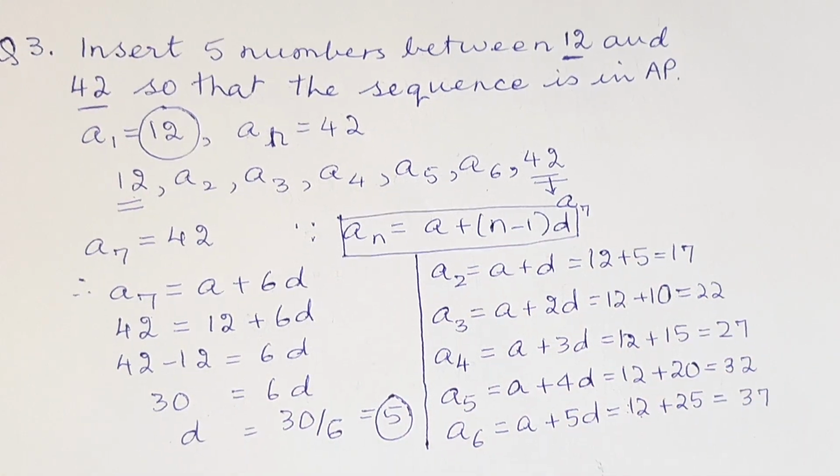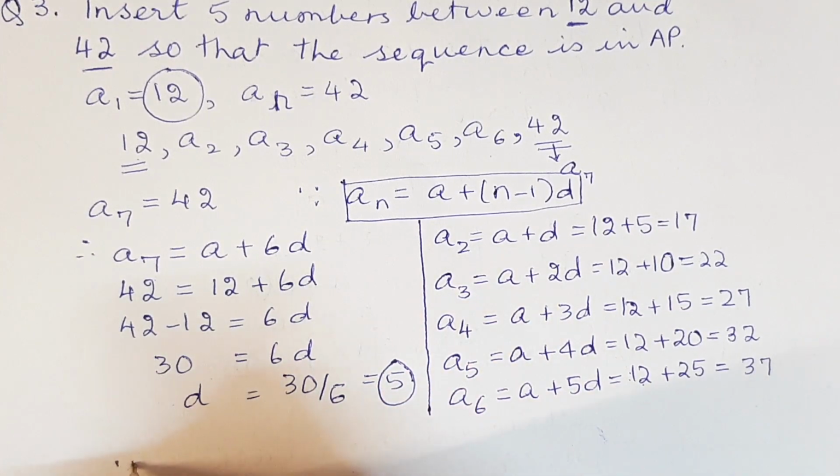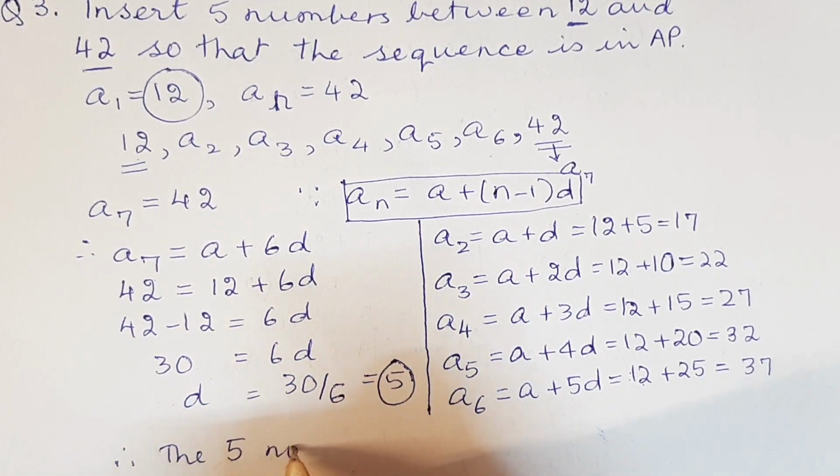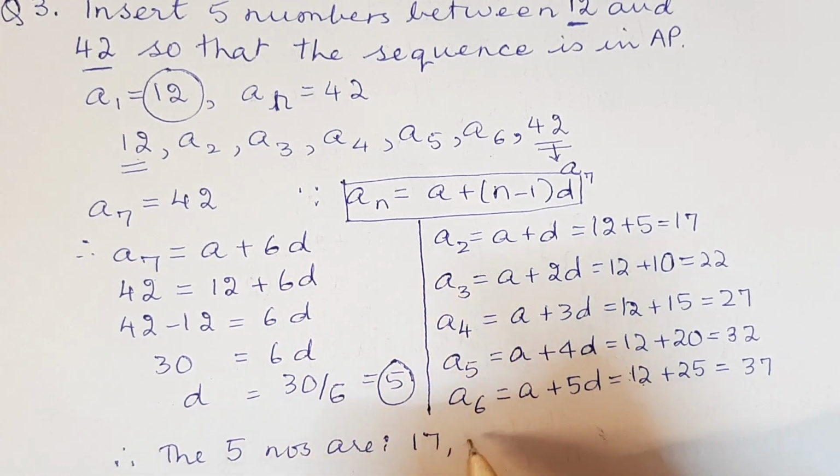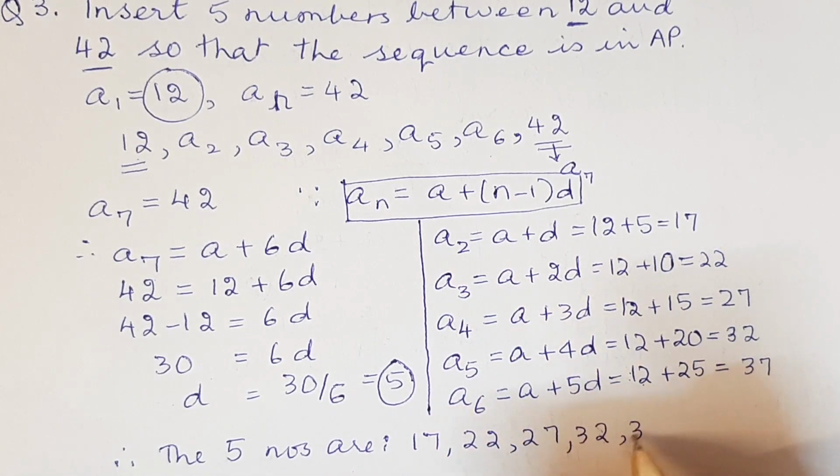And so we will say, therefore, the 5 numbers are 17, 22, 27, 32, 37, and that is our answer.